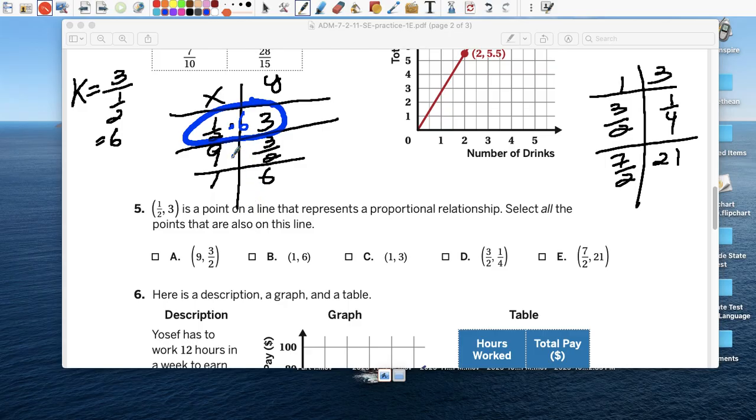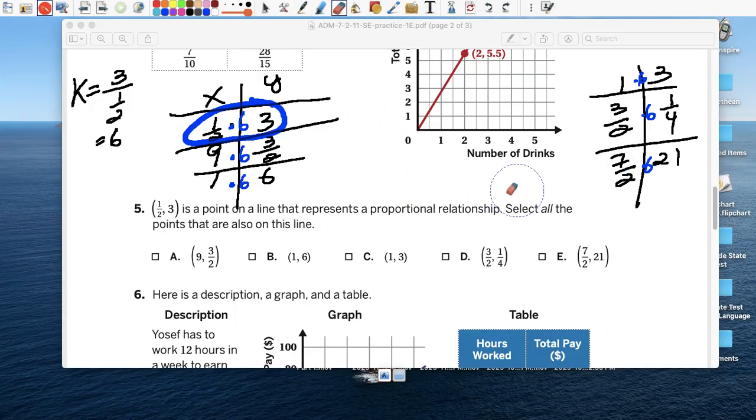In other words, you can either check doing it this way, times 6, times 6, times 6, or you can take each of these pairs and divide: 3 over 2 divided by 9, and then 6 divided by 1, and then here 3 divided by 1, and over here 1/4 divided by 3 over 2, and the last one 21 divided by 7 over 2.